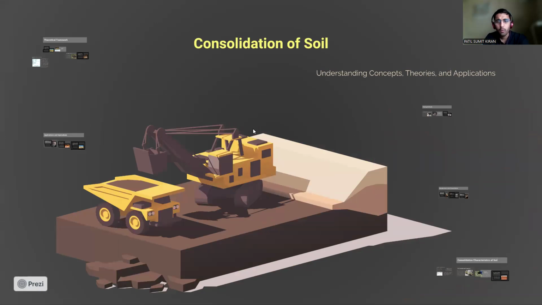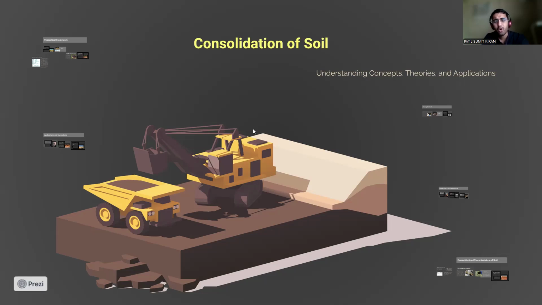So this is the overall presentation about the consolidation of soil, and from this we can conclude that consolidation is one of the important behaviors of soil. We have to consider the consolidation data, the consolidation phenomena, and the effect of consolidation on the building, or whatever settlement of soil is going to happen due to consolidation, before the construction of the building or foundations.